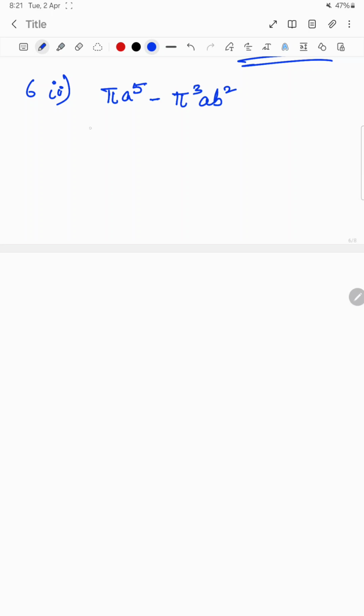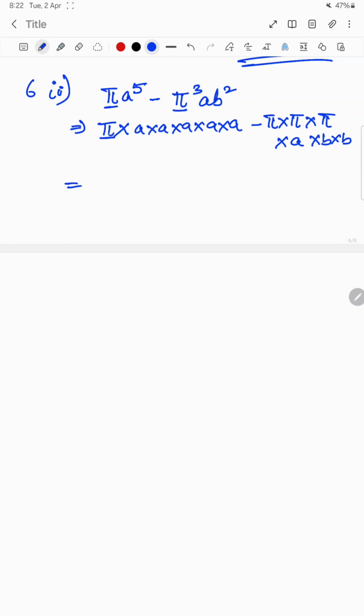So now in this question, if you see, I can take pi as common because I have pi here and pi here, so pi comes out, or the way Sir has taught you, let me do in that way. a pi into a into a into a into a into a has been multiplied 5 times, minus pi into pi into pi 3 times, into a into b into b. So this gives me this pi and this pi as common, so I take a pi out.